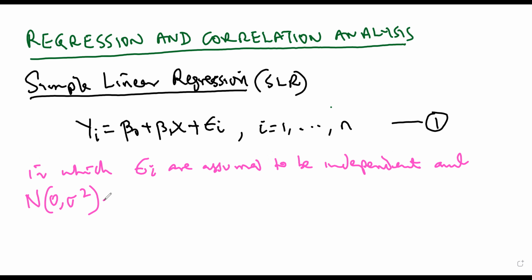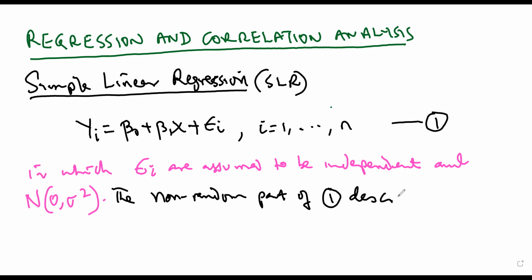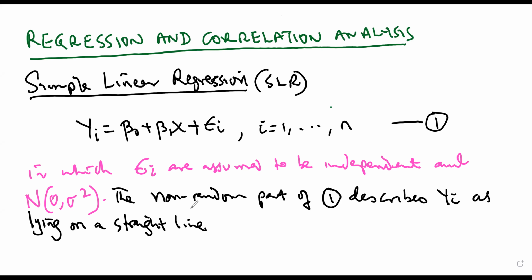Okay. Then we say that the non-stochastic part, in other words, the non-random part of equation 1 describes yi as lying on a straight line whose slope is beta 1.